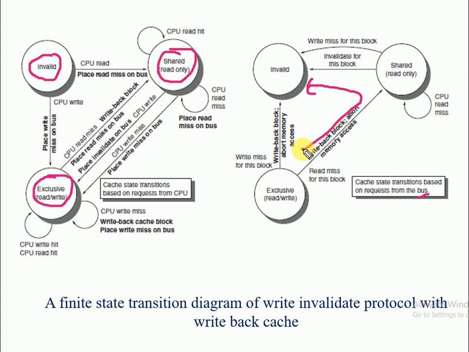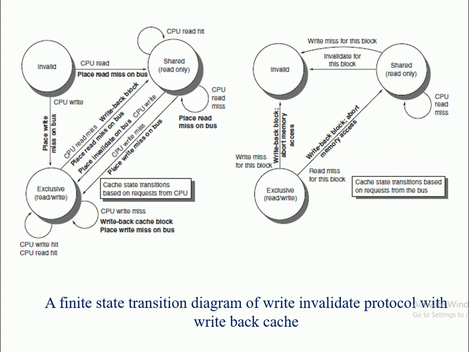So both the processor and bus together will do the updates or invalidation of the data present in the cache memory when we apply the snooping protocol for managing the cache coherence problem.